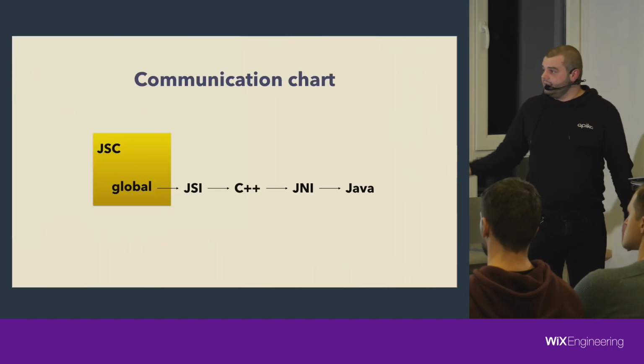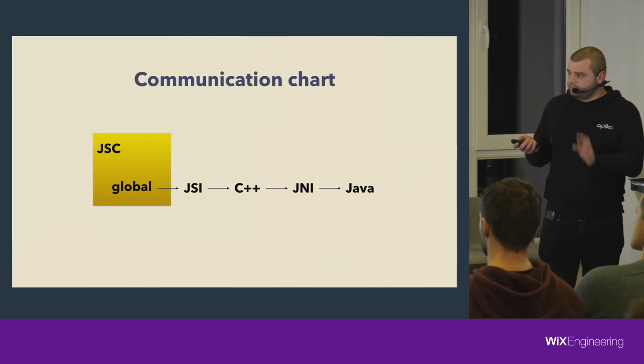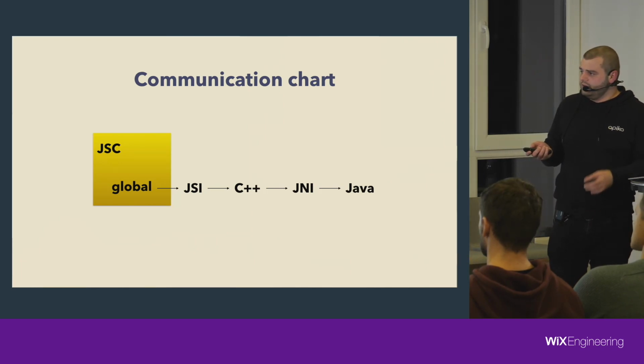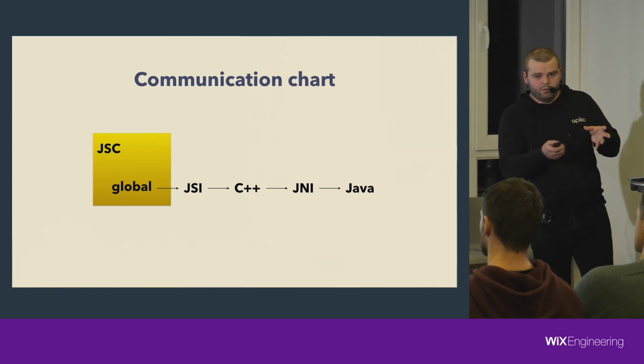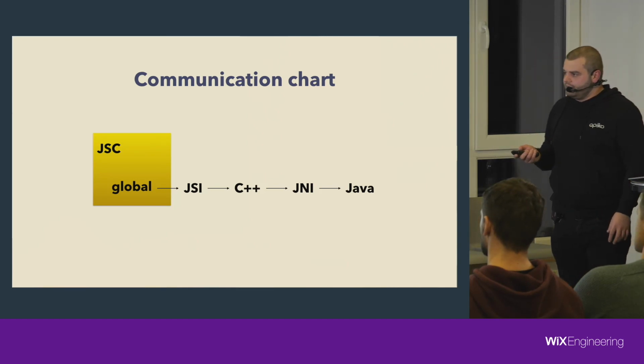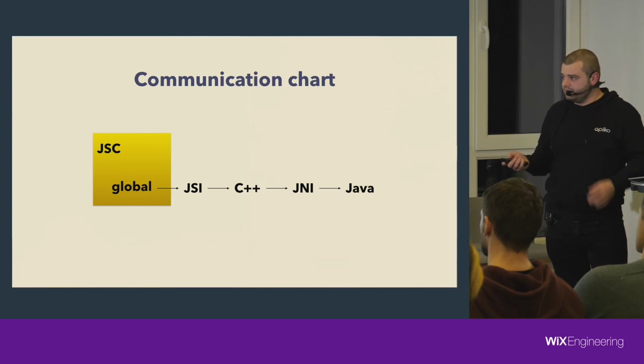Okay, basically how it looks: you have JavaScriptCore, and you have the global object on the JavaScriptCore. You can call it like global and something. Then we go to JSI. From JSI, it converts all the values to a C++ representation.